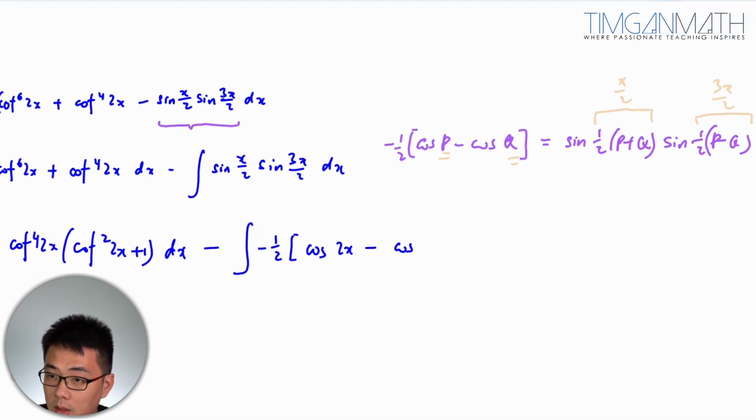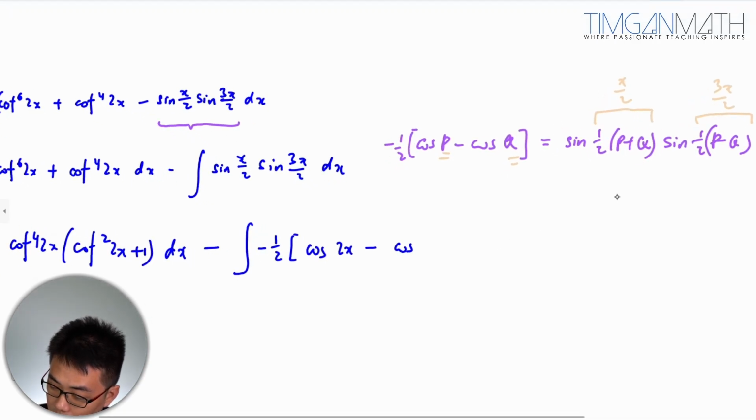So this would then be 3x, but you can just flip this over to the other side, but I'm going to just do this half minus half, that will be negative x, okay, dx.